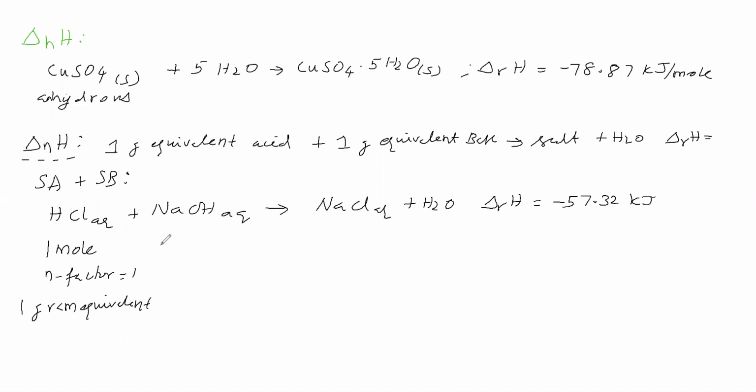Next we will see about NaOH. The stoichiometric coefficient is 1, therefore we have 1 mole of NaOH. 1 NaOH can give 1 OH minus ion, therefore the n factor is 1. N factor is 1 means the number of moles of sodium hydroxide and the number of gram equivalents are equal.